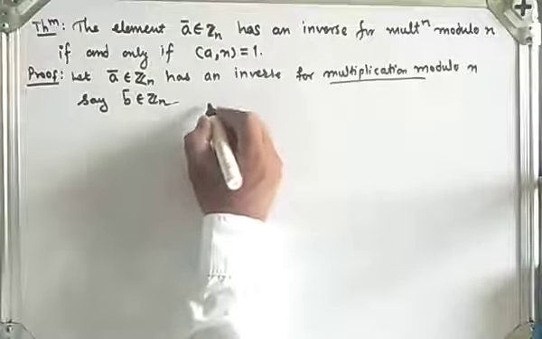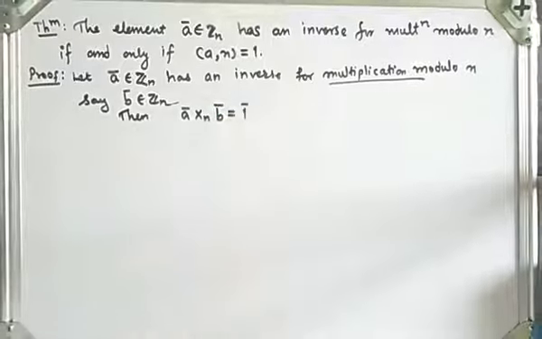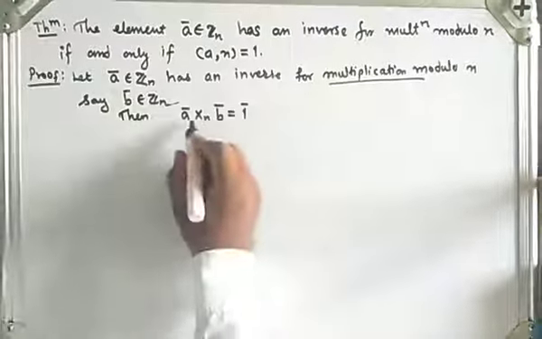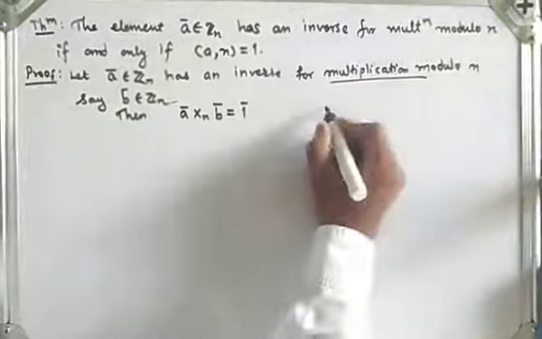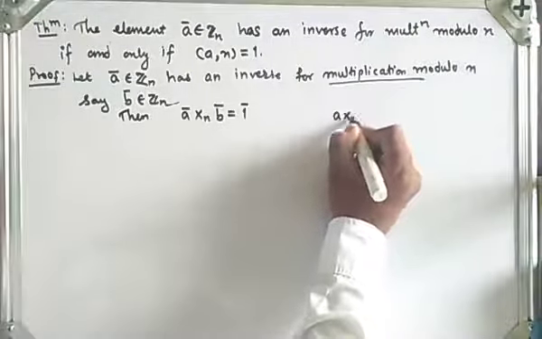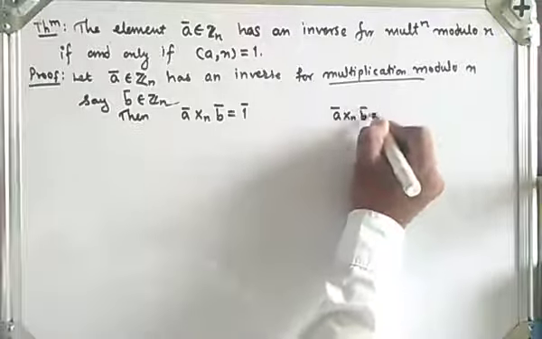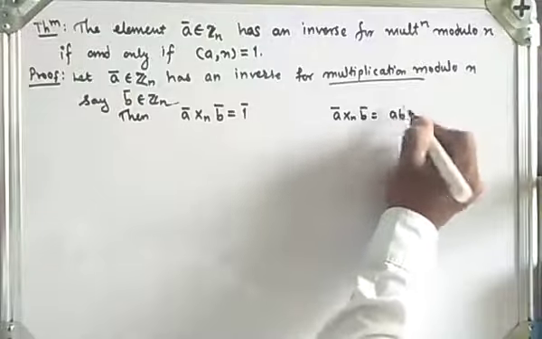So what will we get? Then a bar multiplication modulo n b bar is equal to 1 bar. By the property, a bar multiplication modulo n b bar is the same as a into b whole bar.